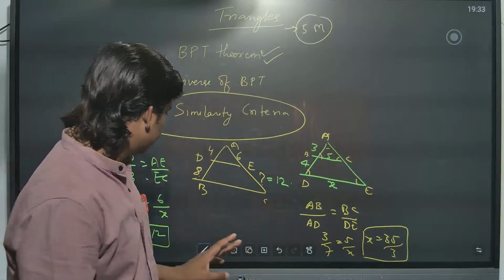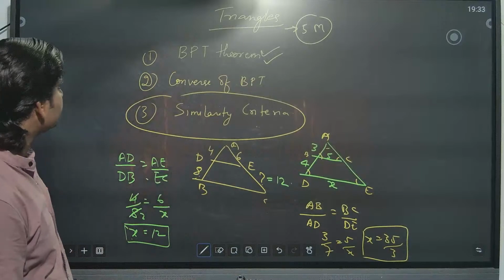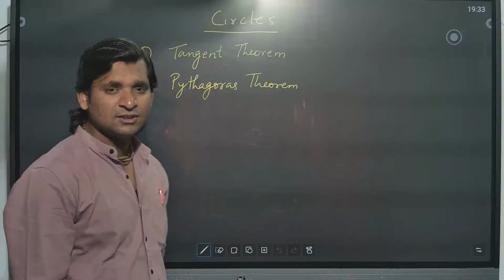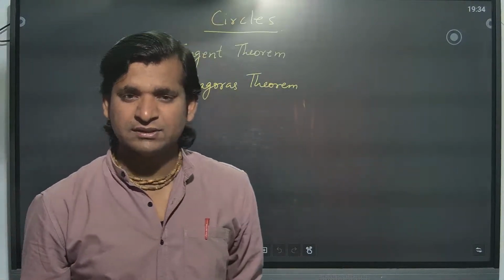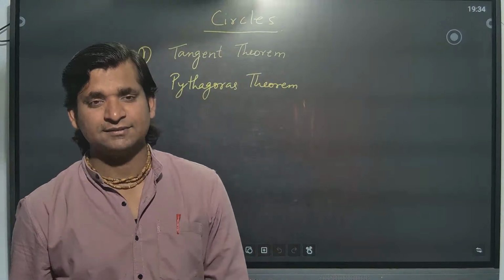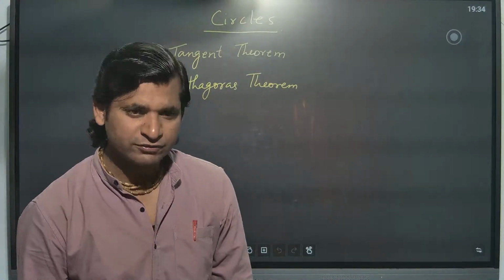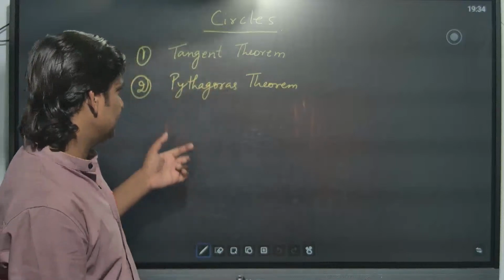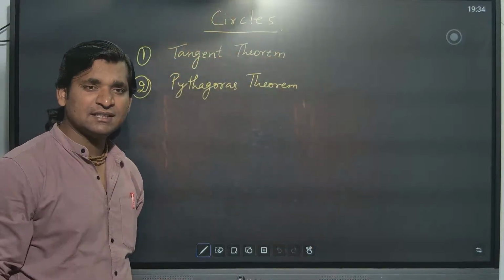Okay. Next chapter comes circles. So in circles also there are theorems, proofs, and concepts of ninth class. What are the concepts of ninth class? In this, angle in a semicircle.